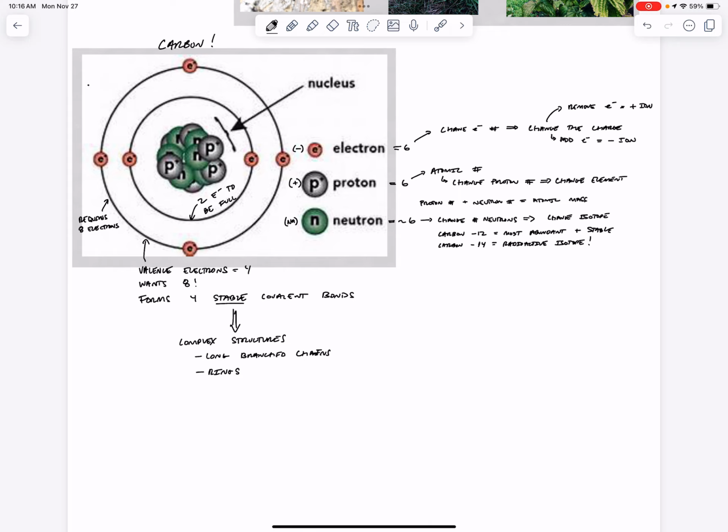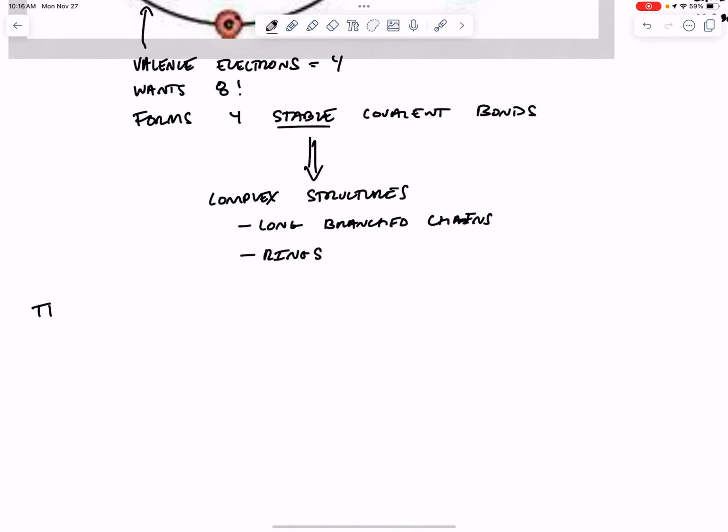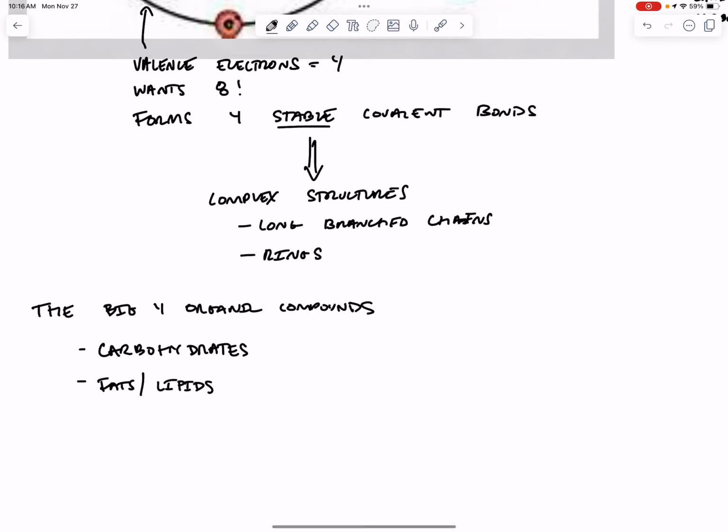Okay, there are 4 major types of organic compounds. We're going to call them the Big 4. And they are carbohydrates, fats and lipids, proteins, and nucleic acids.